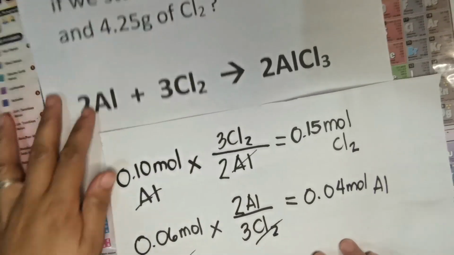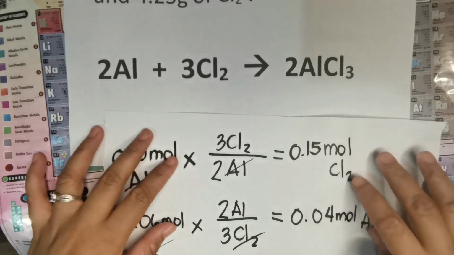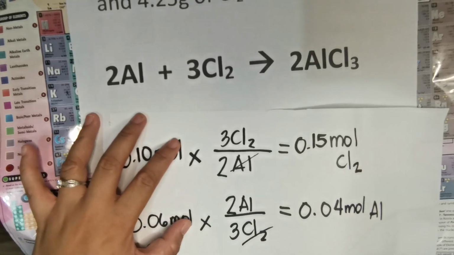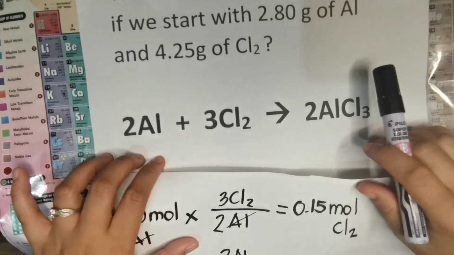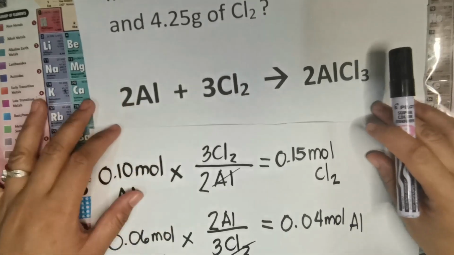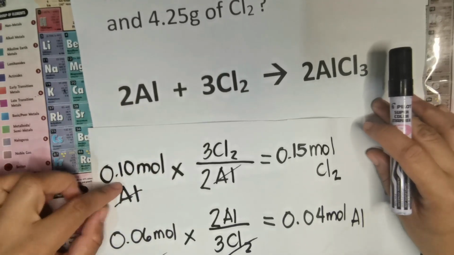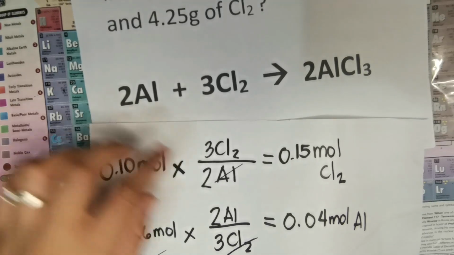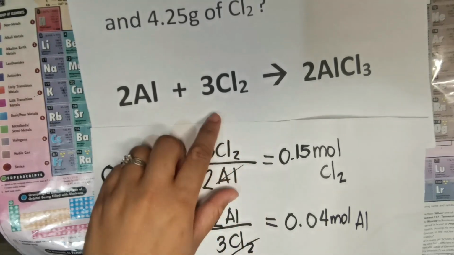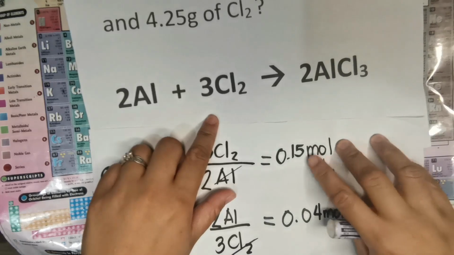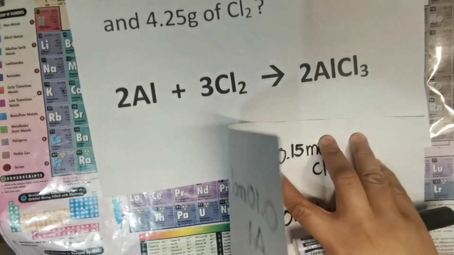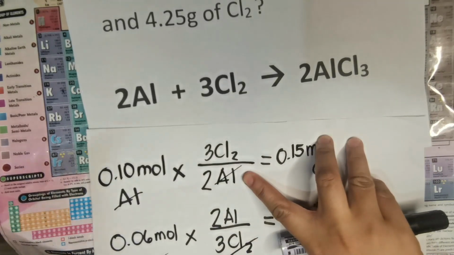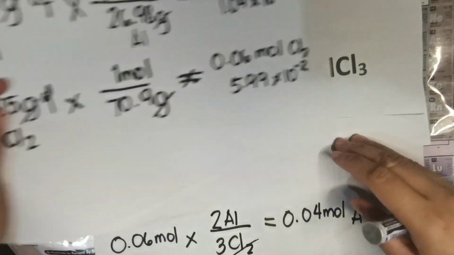So, from this equation, ayan, itatapat ko yung ating balance equation. So, hinahanap natin yung limiting reactant with this problem. So, by this equation. So, if we use 0.10 mole of aluminum, so, kailangan natin ng 0.15 mole of chlorine. So, let us check kung ang 0.15, meron ba tayong 0.15 mole ng chlorine?